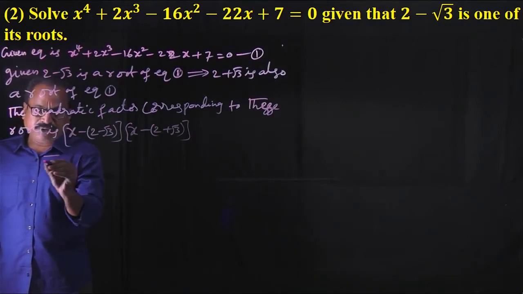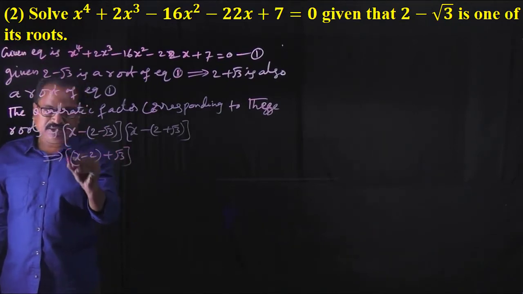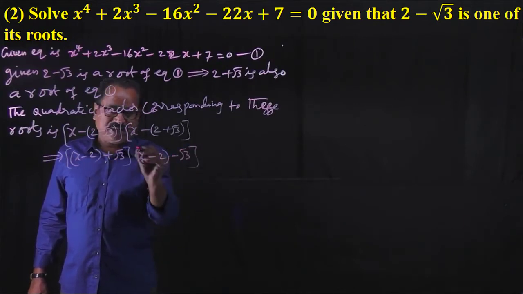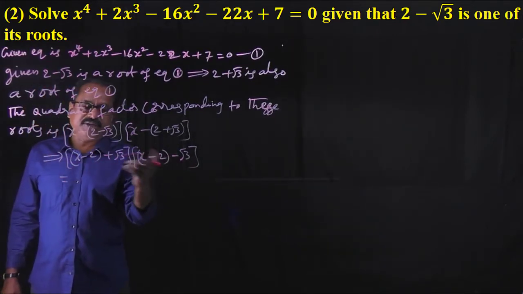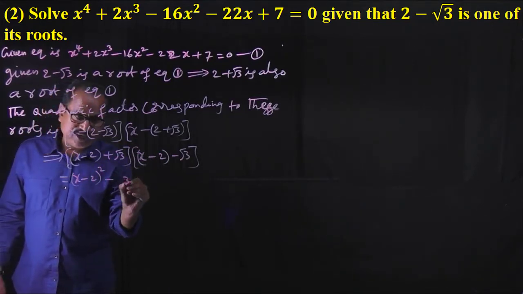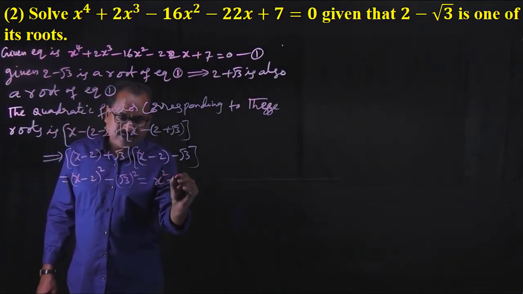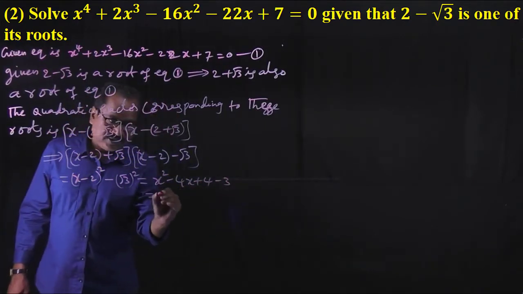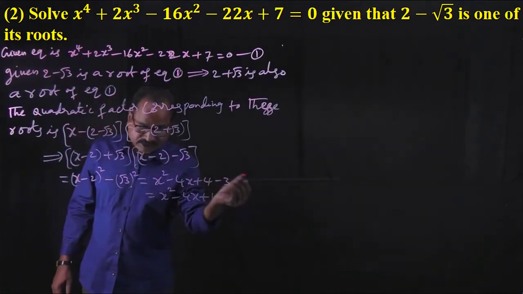So this implies (x minus 2 plus root 3) into (x minus 2 minus root 3). Here using (a plus b) into (a minus b) equals a square minus b square, (x minus 2) whole square minus (root 3) whole square, that is equal to x square minus 4x plus 4 minus 3. This is equal to x square minus 4x plus 1.